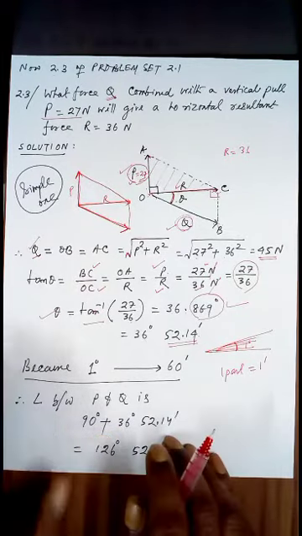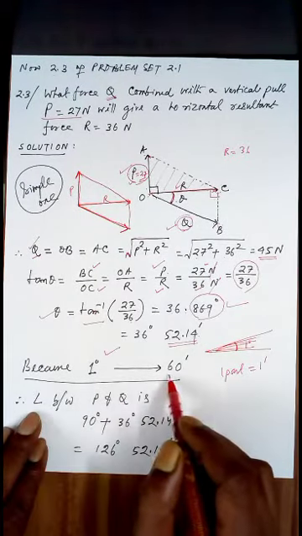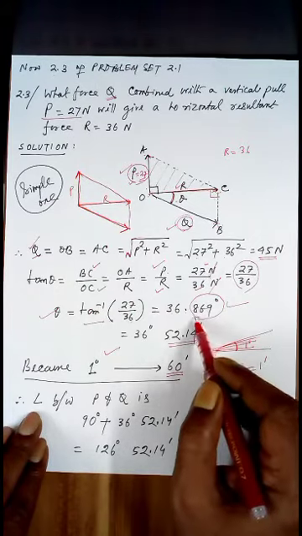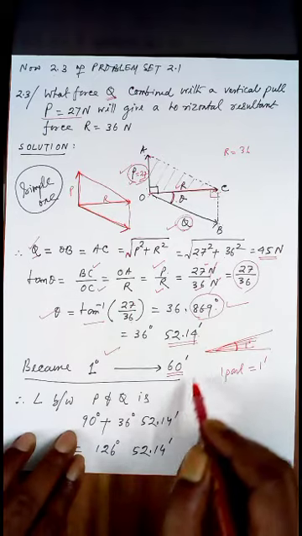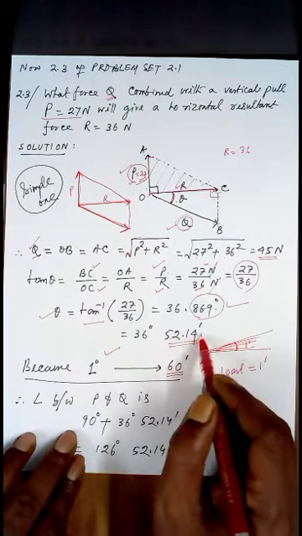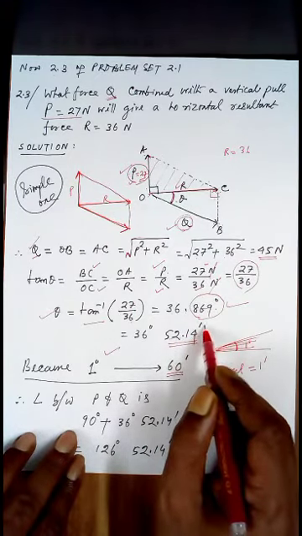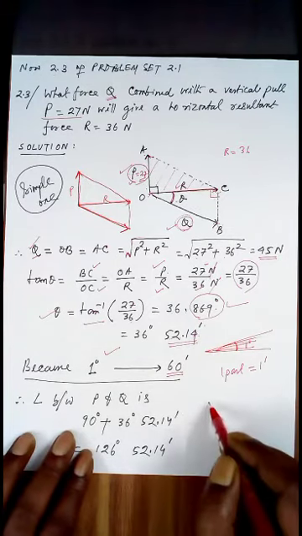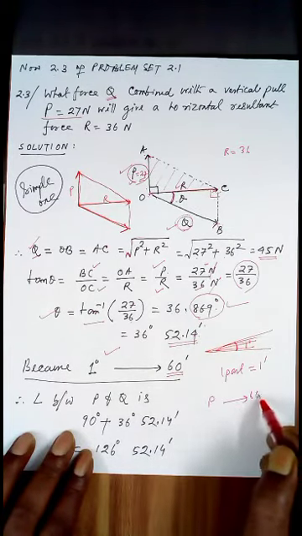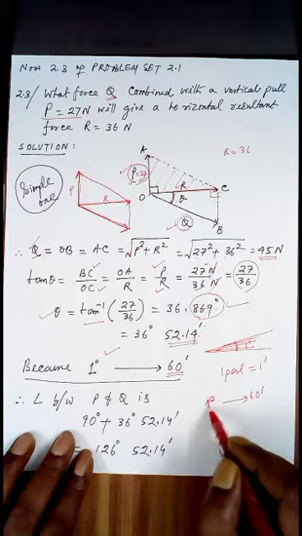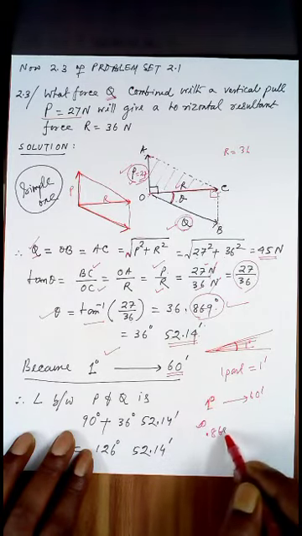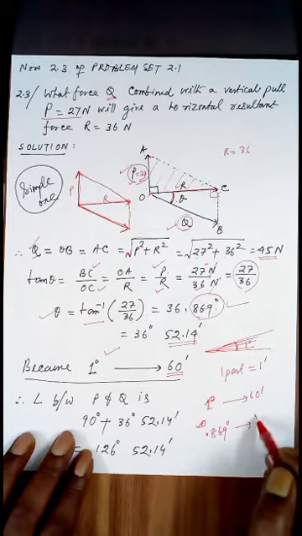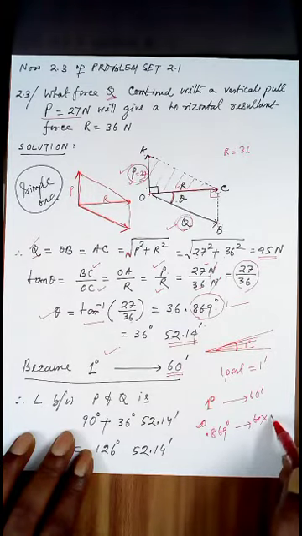So 1 degree is equal to 60 minutes. So 0.869 degree will be 60 into this 0.869.